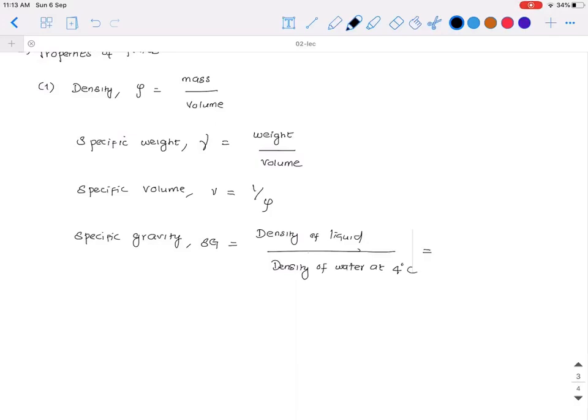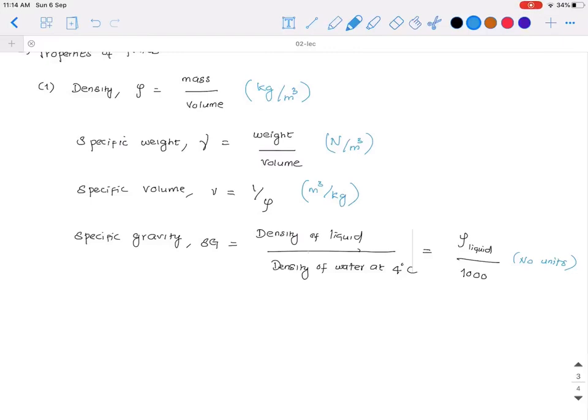We know the density of water at 4 degrees centigrade is 1000 kg per meter cube. So the unit of density is kg per meter cube. Specific weight is Newton per meter cube, and specific volume, being the reciprocal of density, will be meter cube per kg, and specific gravity is the ratio of two densities, so it has no units.